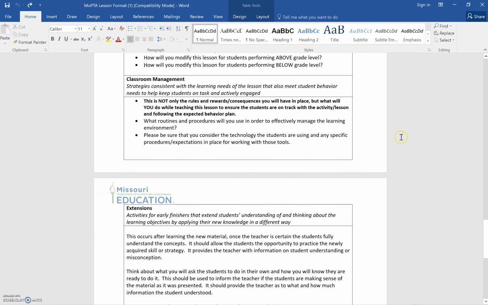Classroom management section. So this is really critical, and what I find here is that a lot of students want to put in their rules. Well, this isn't your classroom rules. This is what strategies are you going to use to enforce the rules. So are you going to walk around the classroom and monitor them while they're working? Are you going to provide positive reinforcement for students who are performing as you expected?